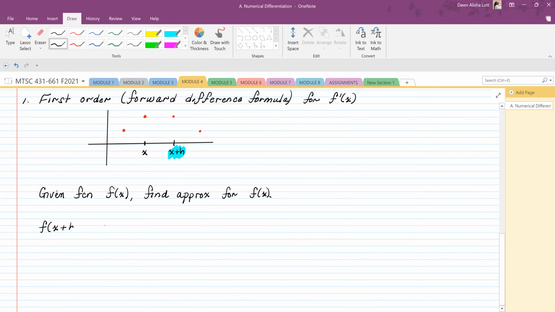And then I'm going to get 1/3 f triple prime at x times h cubed. And I am feeling like that should be positive. Plus stuff.